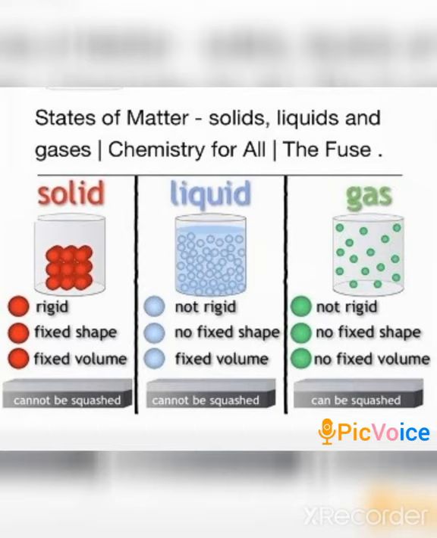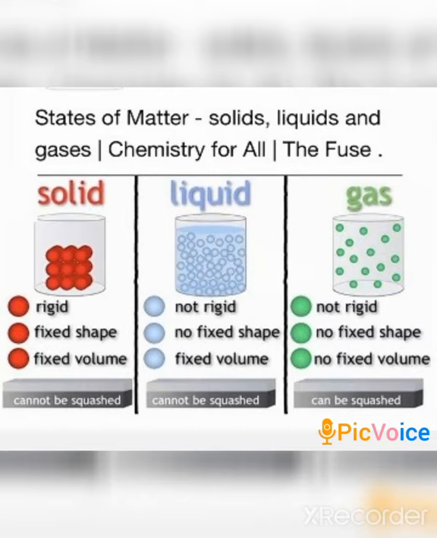It flows. When it is on the ground, it flows. And it is not hard and rigid. But the liquid has a fixed volume. For example, 100 ml of water in a glass or in a bowl has a particular volume. It won't increase in its volume.